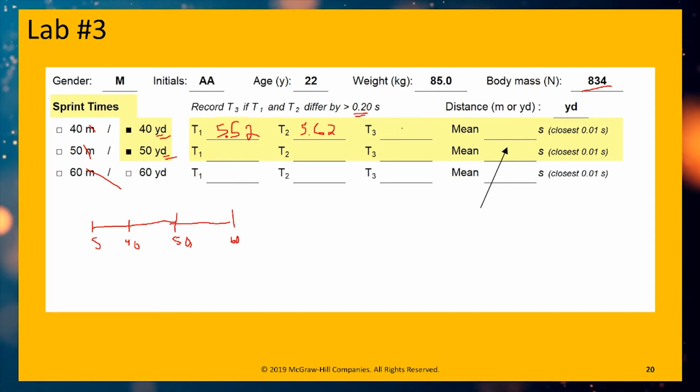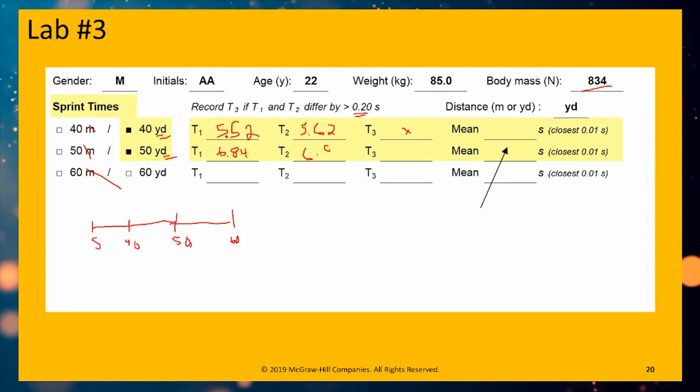And you can see we are well underneath that. For the 50, they hit a 6.84 and a 6.96, again under the 0.20 mark.